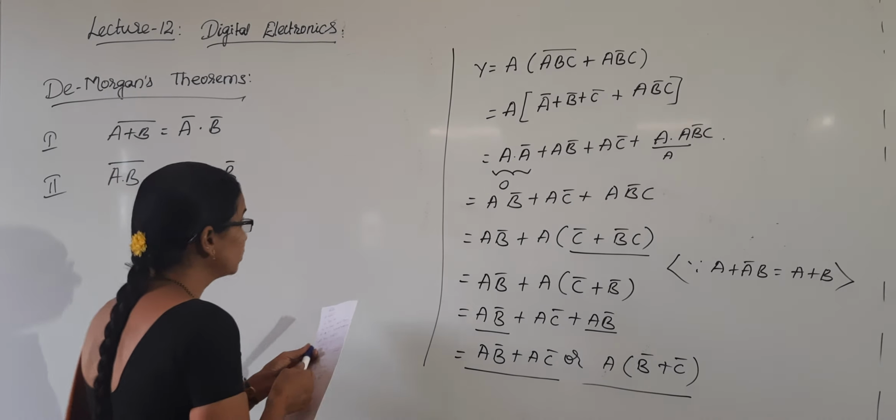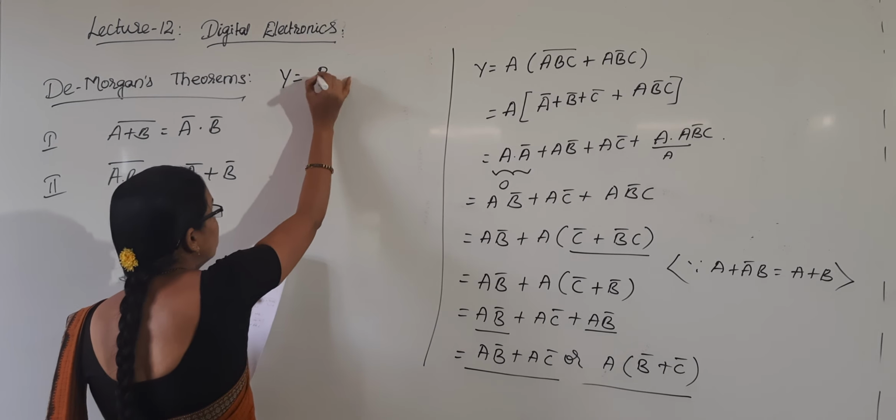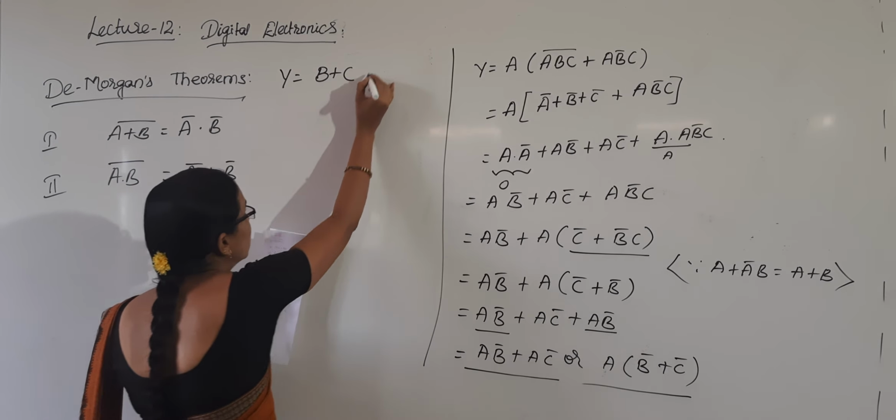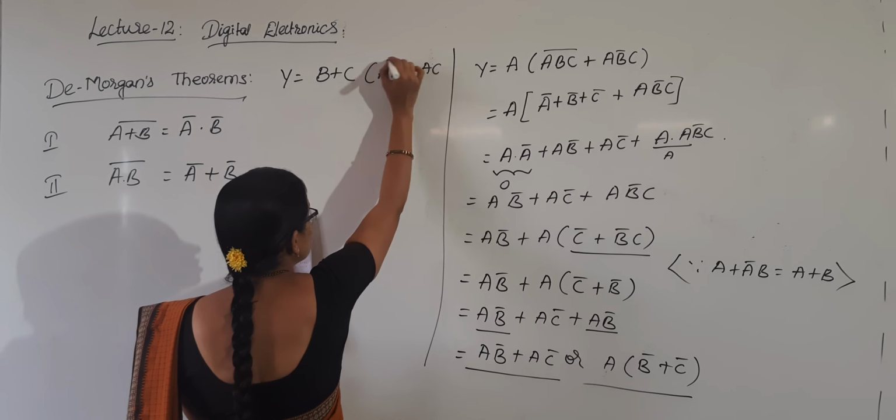Last but one, Y is equal to (B plus C) into (AB plus AC) whole bar.